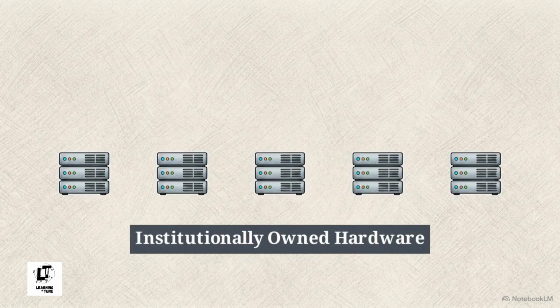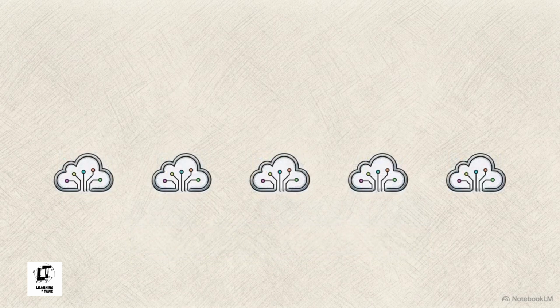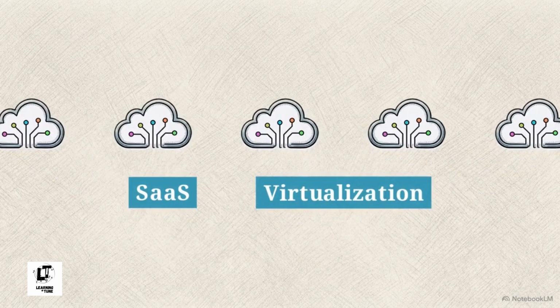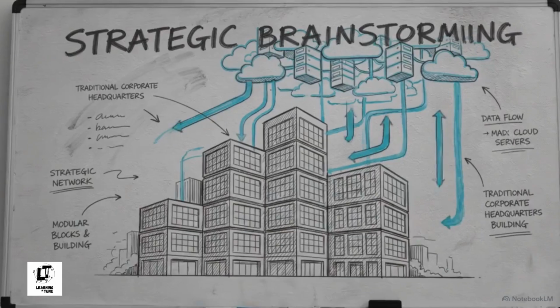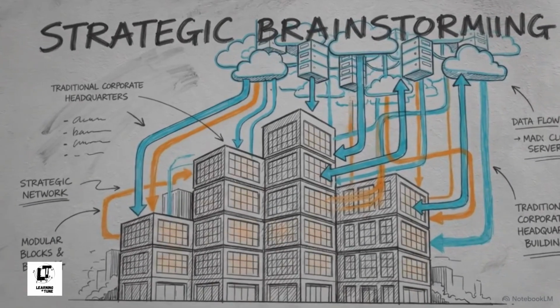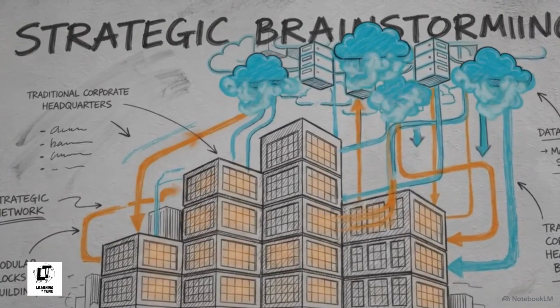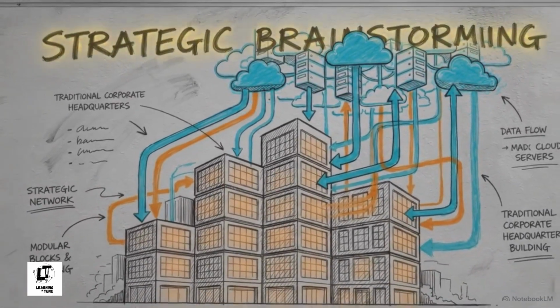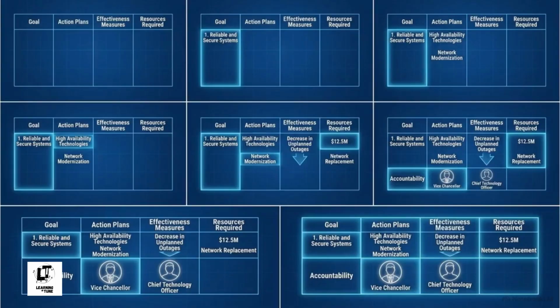They also tracked a structural industry shift moving away from institutionally owned hardware and towards software as a service and widespread virtualization. Identifying these external factors forces the institution to alter its internal structural priorities in response to outside reality. To manage this reality, UNC asserts control through a strict operational matrix.